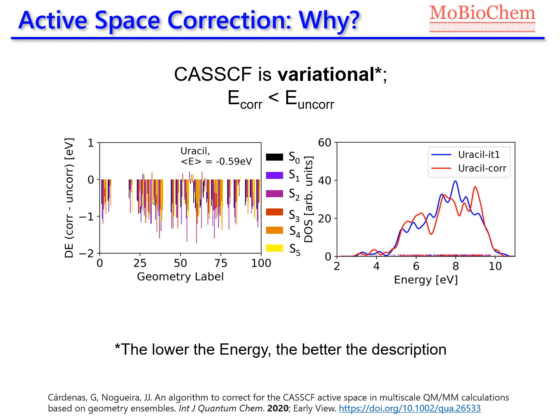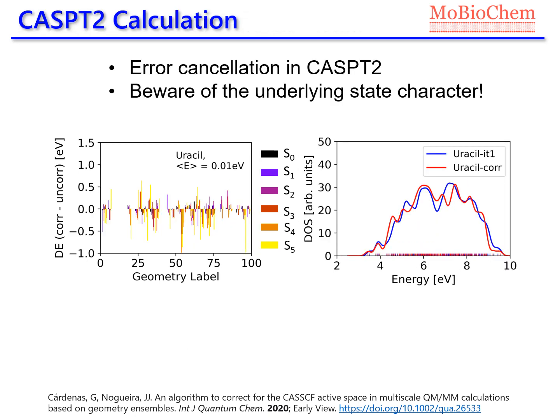Now, these energy differences also reflect themselves upon different observables. One example is the density of states of uracil in this case, which dramatically changes from the uncorrected geometries to the corrected counterparts. Now, this lowering in energy when considering CASPT2 calculations on top of the previous CASSCF calculations is not observed.